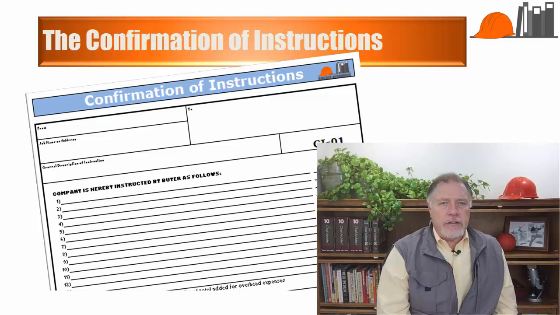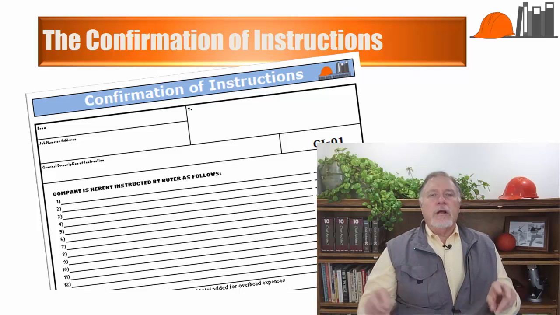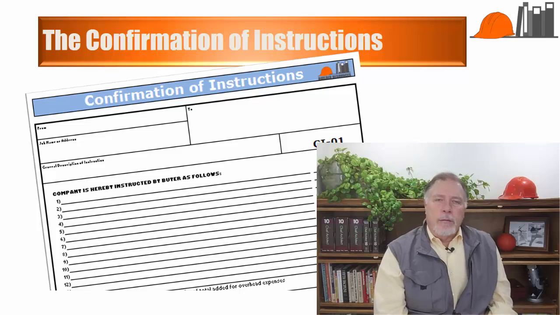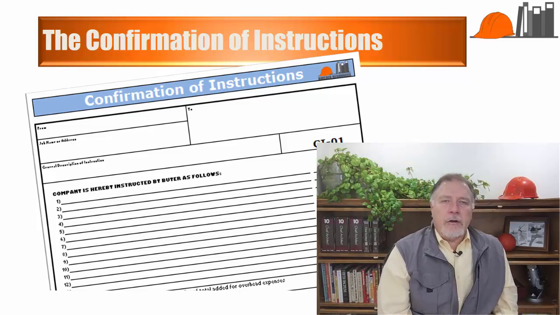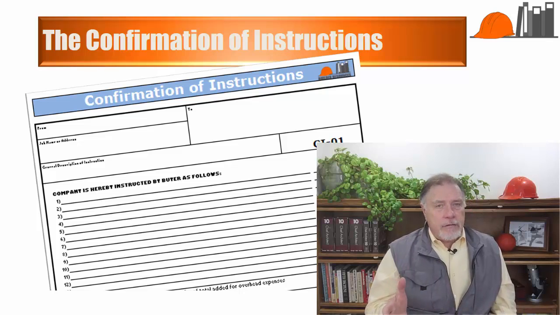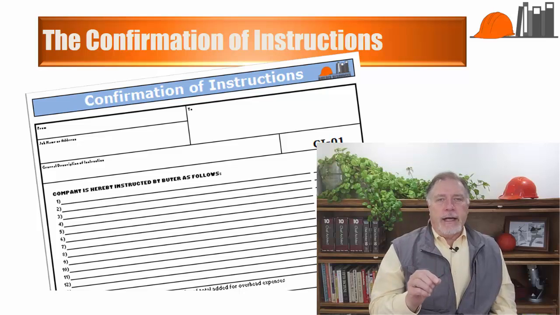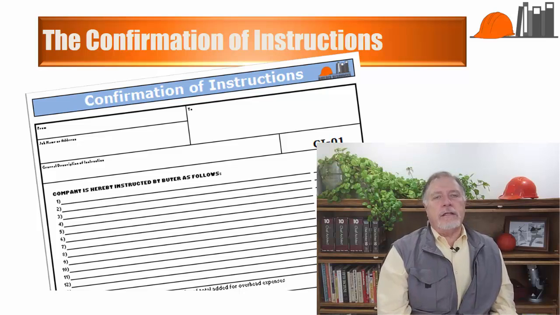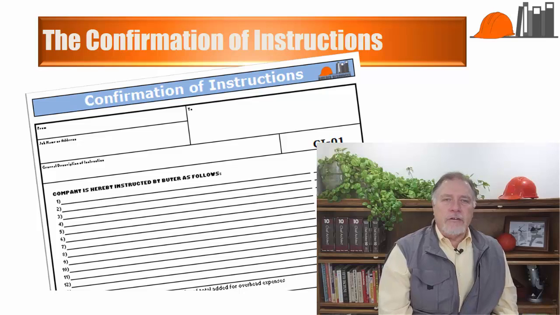The confirmation of instructions confirms the instructions from the buyer. It accurately reflects the reality that any changes from the original contract are at the request of the buyer, and it provides specific information relative to those changes and to the cost of those changes.